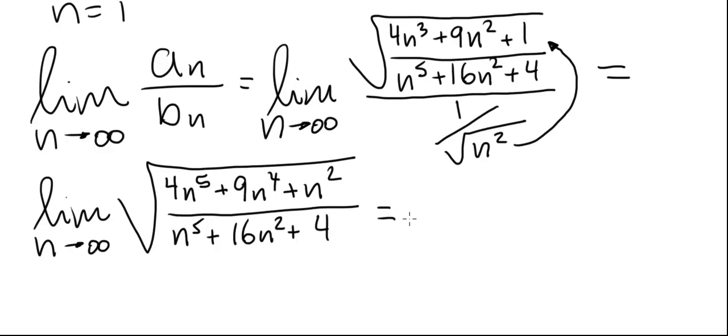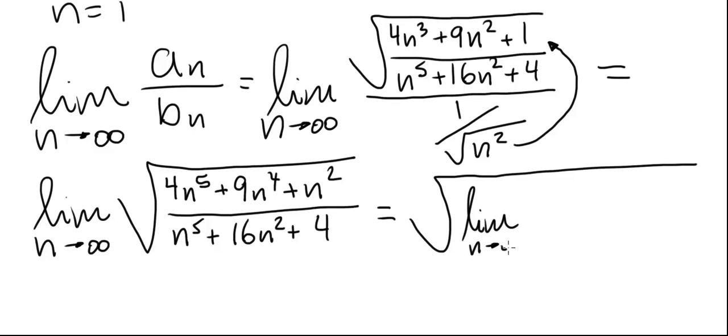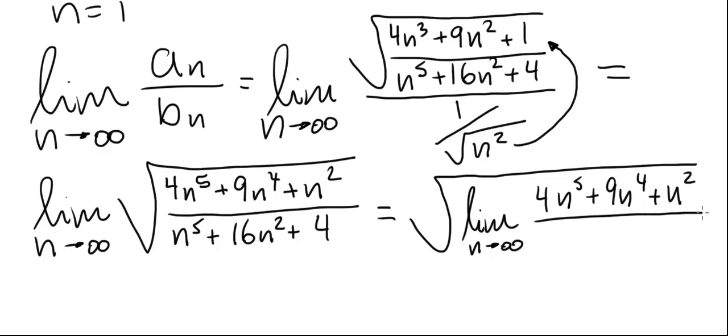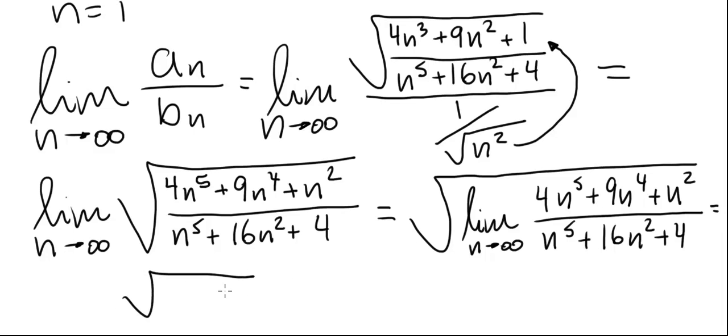And we can write this as the square root of the limit as n goes to infinity of that fraction. Well, since the numerator and denominator have the equivalent highest power of n, which is 5, the answer is going to be the square root of 4 divided by 1, which is the square root of 4, and that's 2. This is our L. It is clearly positive and finite.